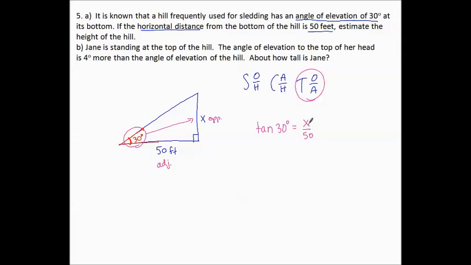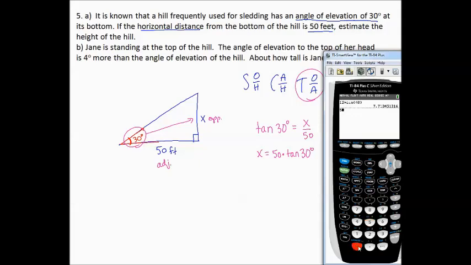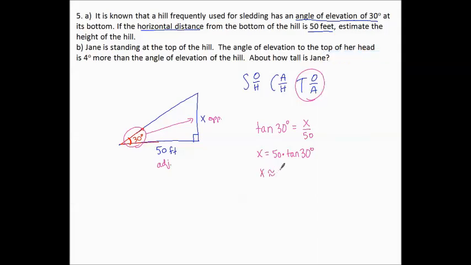Because x is in the numerator, we multiply. X is 50 times the tangent of 30 degrees. Grabbing our calculator, 50 times tangent of 30, and I get 28 point, that rounds up to 9. So x is approximately 28.9.